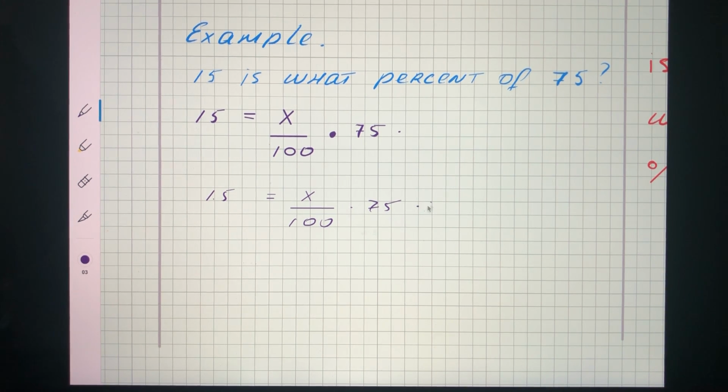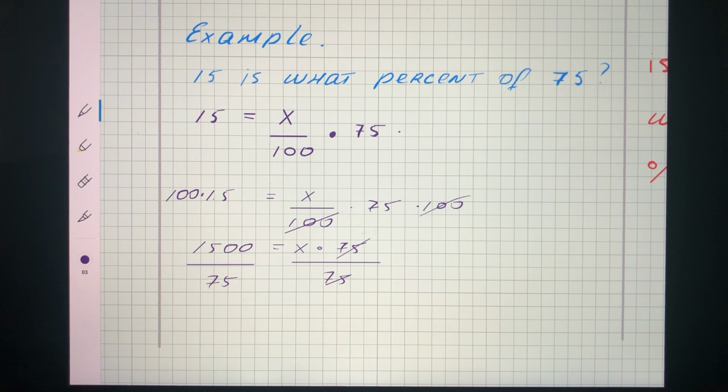So first we multiply both sides by 100. That will cancel the division, and that makes 1500 equals x times 75. To cancel multiplication, we divide both sides by 75, and we find the answer.